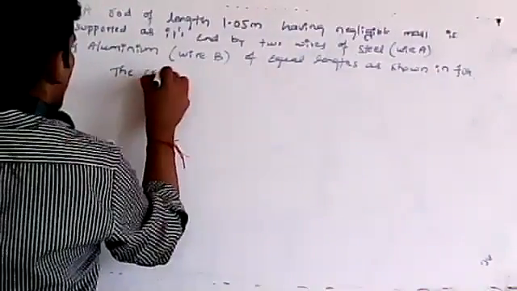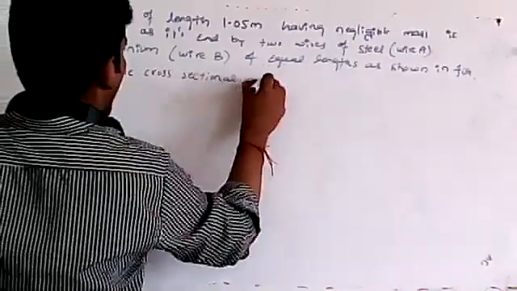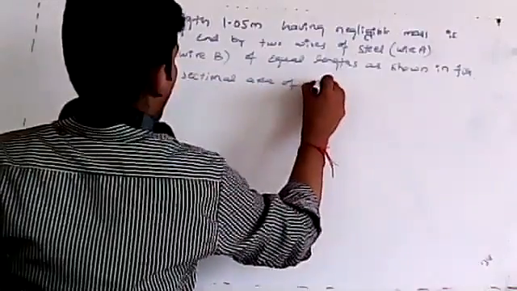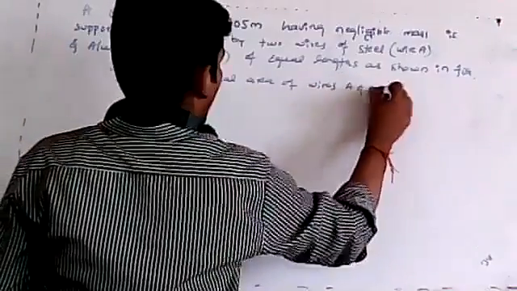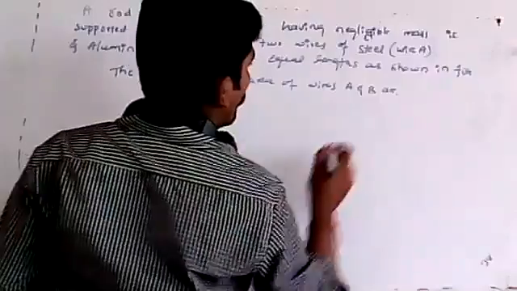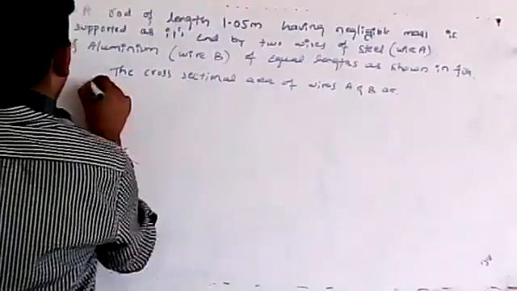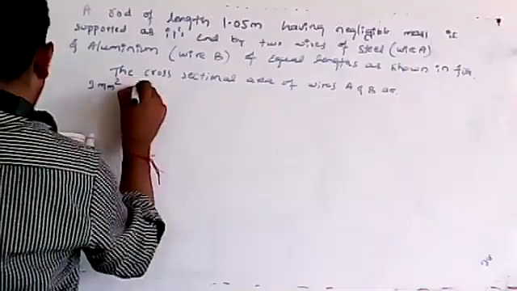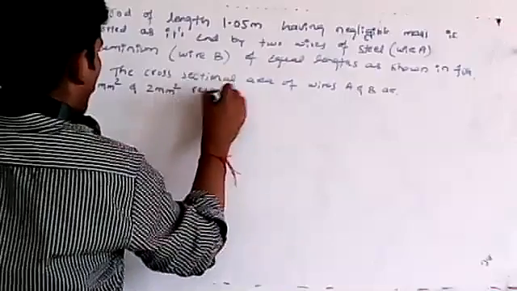The cross sectional area of wires A and B are 1 millimeter square and 2 millimeter square respectively.